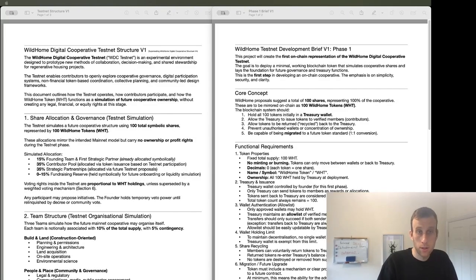I'm just going to run through the structure for the WildHome Digital Cooperative. I've incorporated a company called the WildHome Digital Cooperative Limited. But what I'm talking about today is not the company, but the testnet.